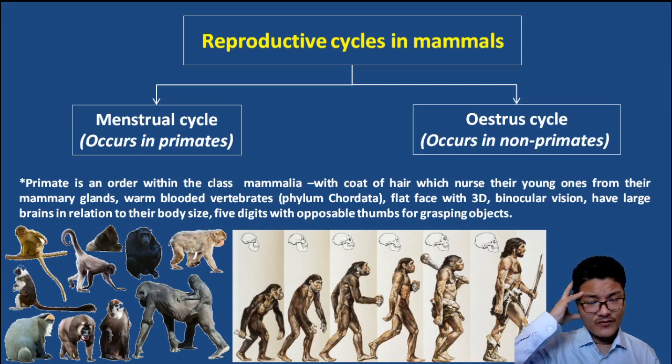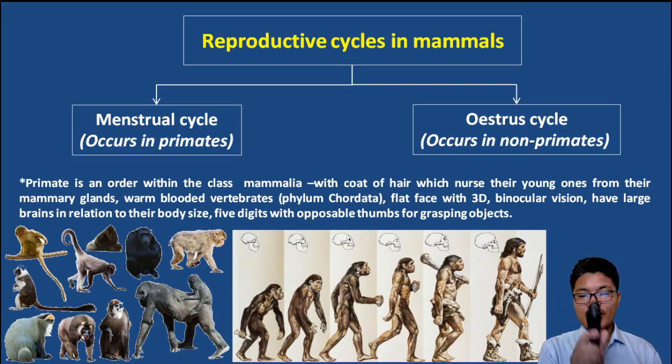And we have a big brain compared to our body size. We are also able to hold or grasp things with opposable thumbs. These thumbs are able to come together in an opposite manner, and we can grasp or hold things.